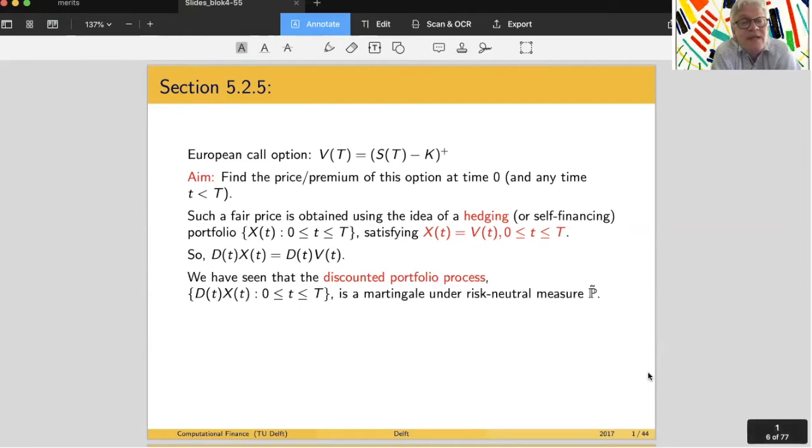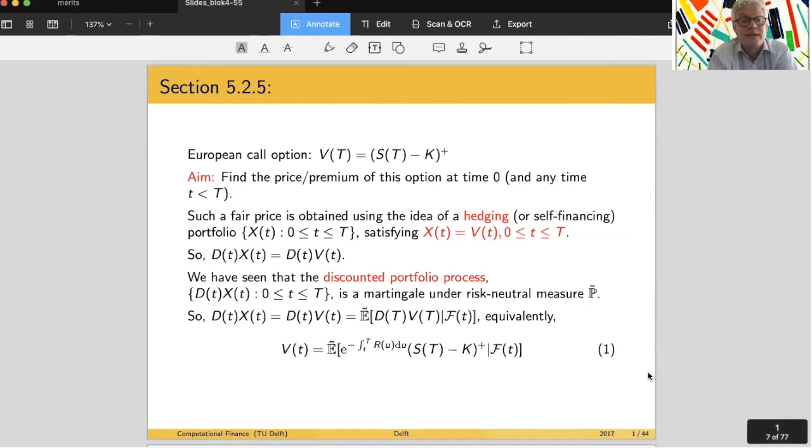Now, what we have seen in last lecture is that the discounted portfolio process, D_t X_t, t running from 0 to capital T, is a martingale under the risk neutral measure P tilde. And therefore, we say the discounted portfolio process is equal to the discounted option value. So the portfolio should be equal to V. We have also seen that the discounted V process is a martingale.